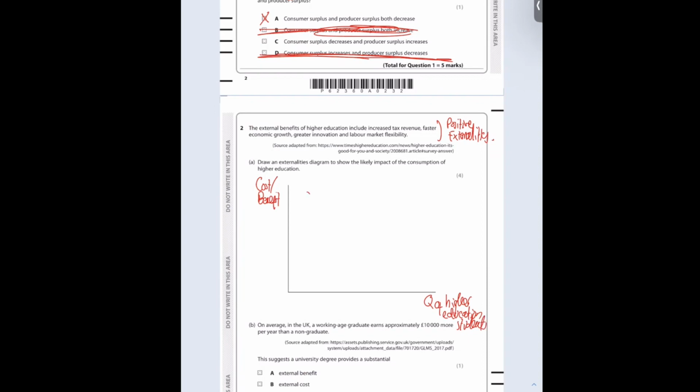Now, here we go. So initially, we will have this demand and supply, and this is here going to be our original equilibrium without showing any impact of the underconsumption of, in this case, higher education, which provides a positive externality. So this is PE and this is QE.